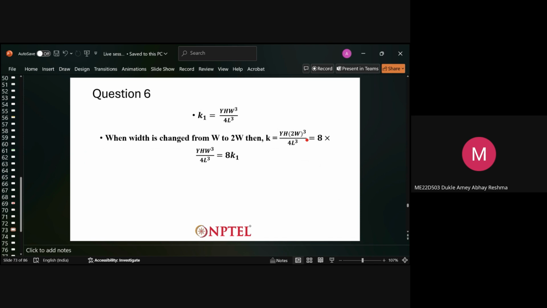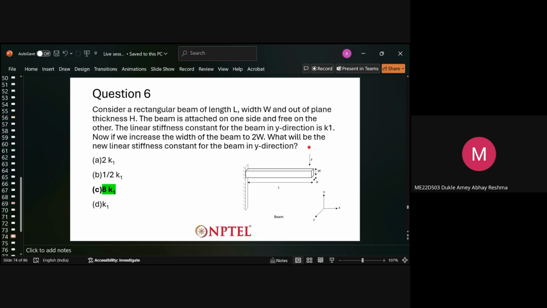So you are getting the formula as E H W cubed upon 4L cubed. It will vary by the cube, it will get cubed. So the answer here is 8K1.